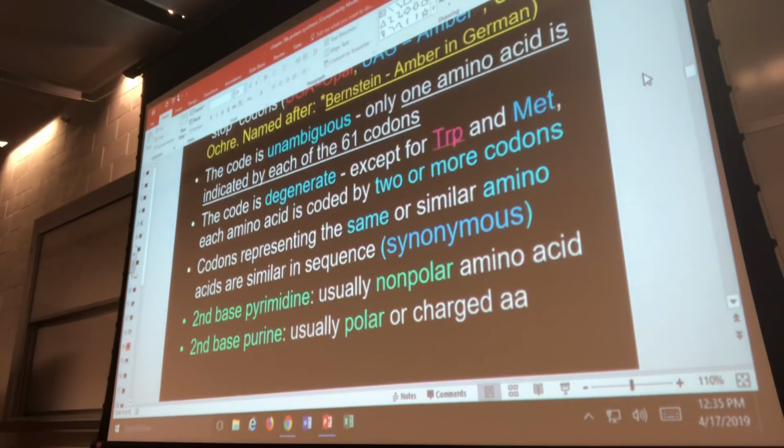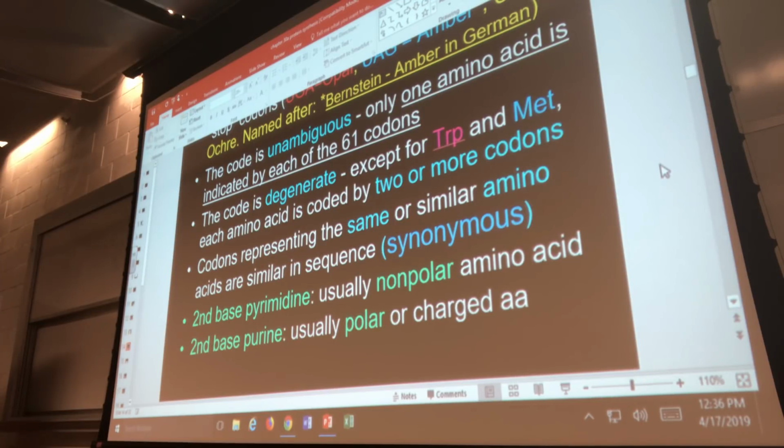Let's see. Degenerate. Okay, this is sometimes a memorization fact, so I don't really have any way of memorizing. Oh, actually, let me go over synonymous real quick. Synonymous codons isn't really applied to the whole genetic code. This is like a secondary vocab term. Synonymous codons are 2 codons that end up coding for the same or similar amino acids.